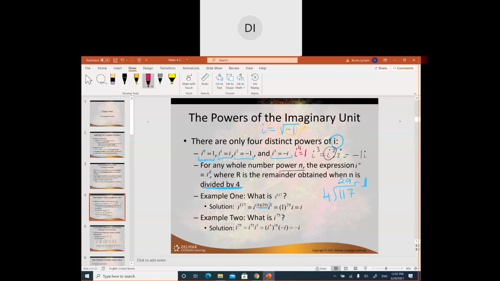So I know i to the 4 is 1, and that's how you get 1. Then to the power 29 times i, 1 to any power is 1, so that disappears. That's why the answer is i. Everybody understanding that? Any questions?